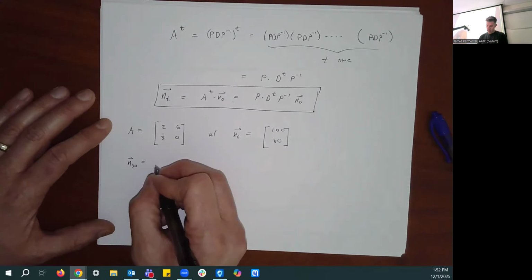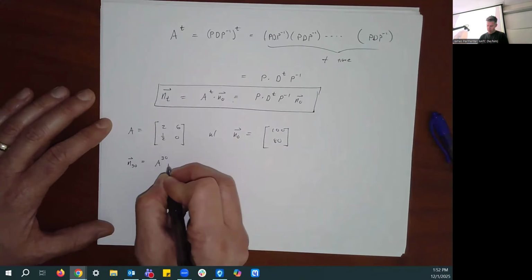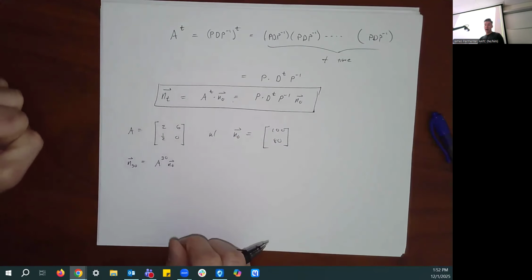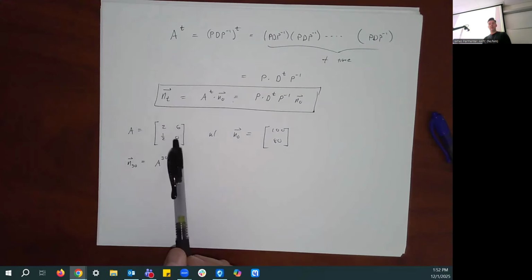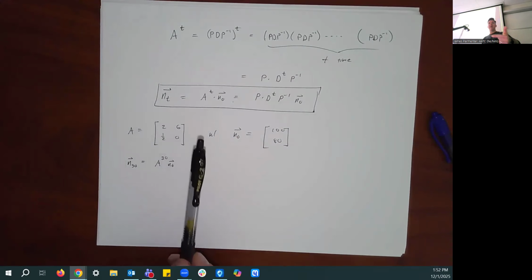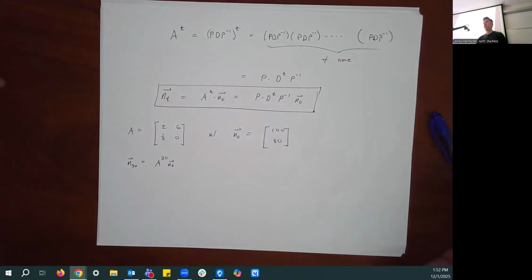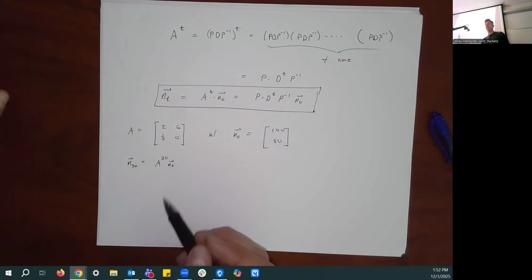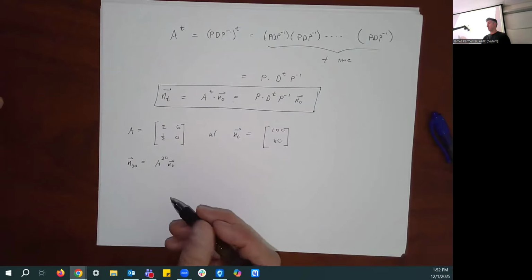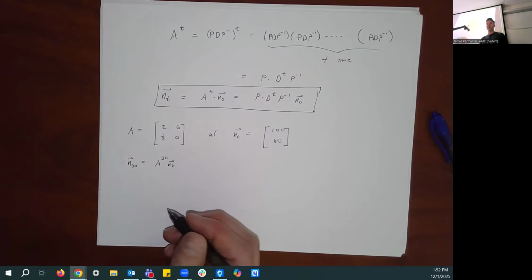We wanted to find A to the 30th power times n naught. To do that, we're going to take our matrix, find the eigenvalues, find the eigenvectors, find the matrix P and the matrix P inverse, and then do this calculation, which still is quite a bit of work, but it's less terrible than actually trying to multiply A by itself 30 times, like orders of magnitude less terrible.